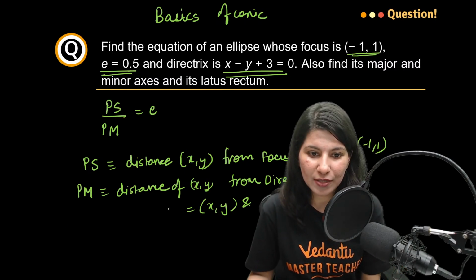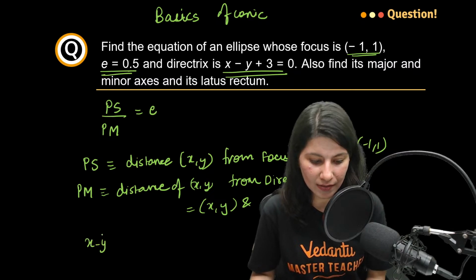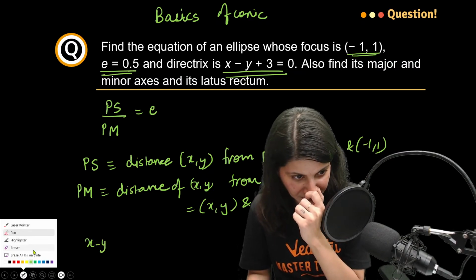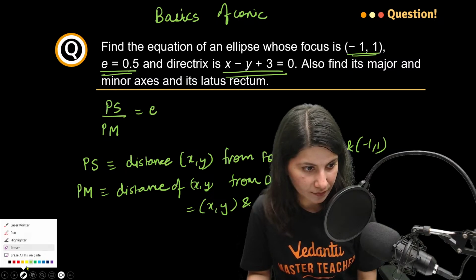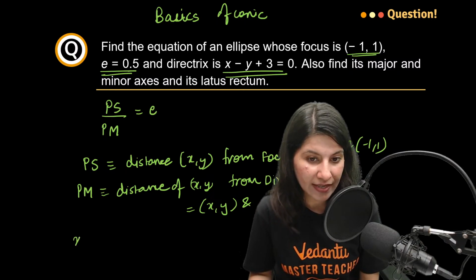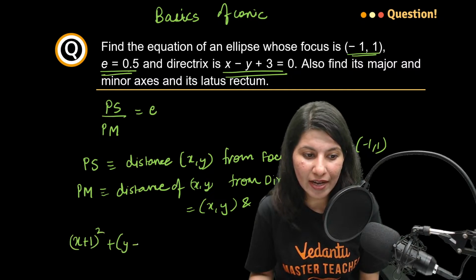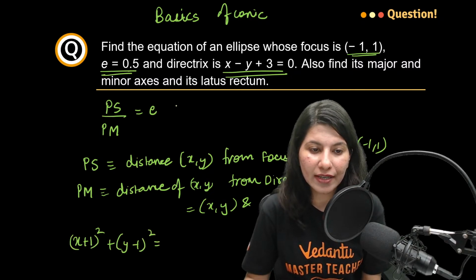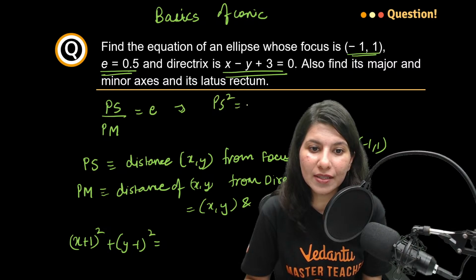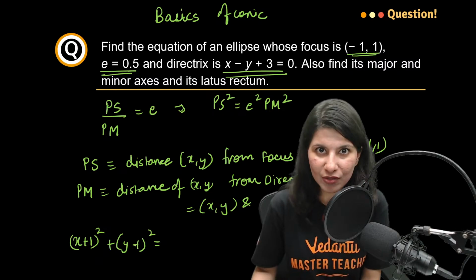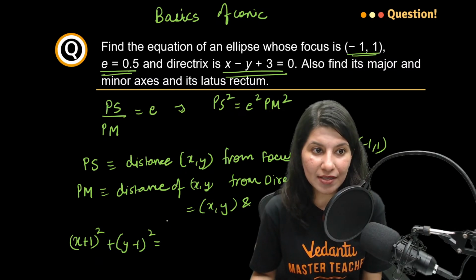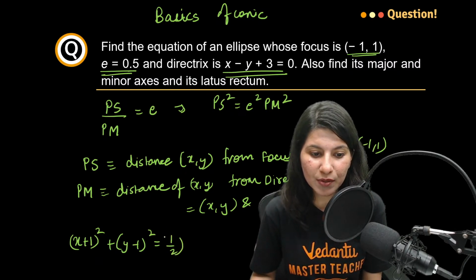So distance is x plus 1 whole square plus y minus 1 whole square. What we are going to do is PS square equals E square PM square. So PS square is done because we don't want root. E square is 0.5 square, so 1 by 2 square.